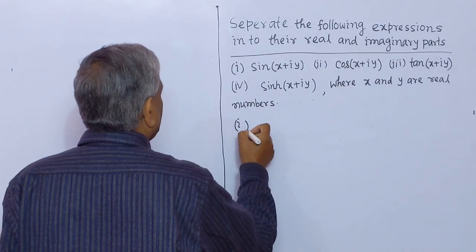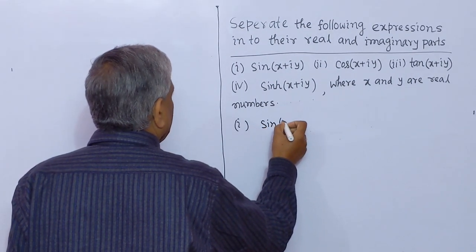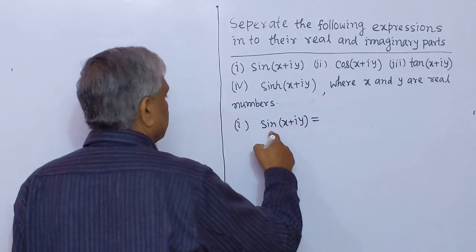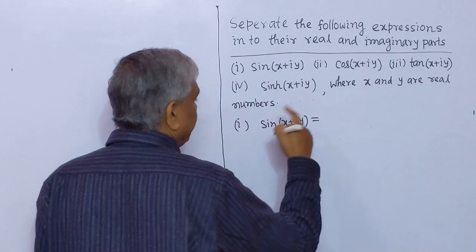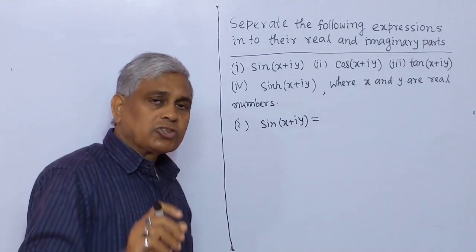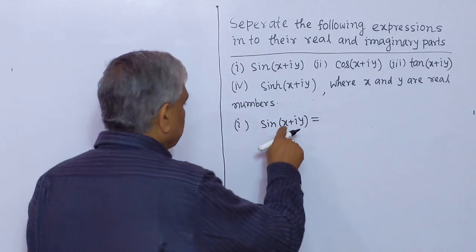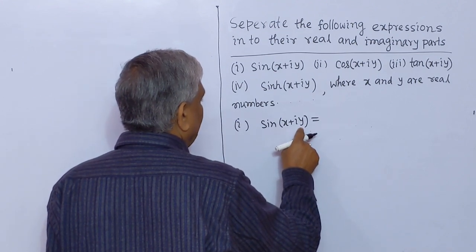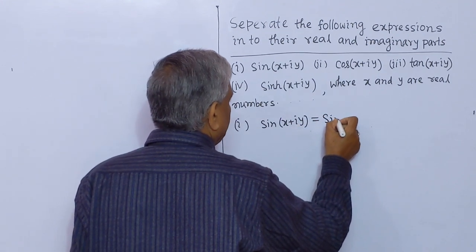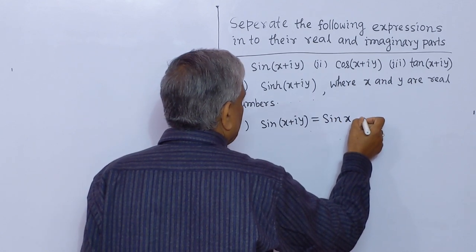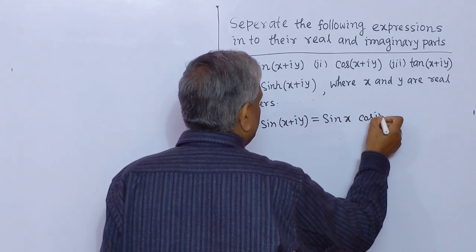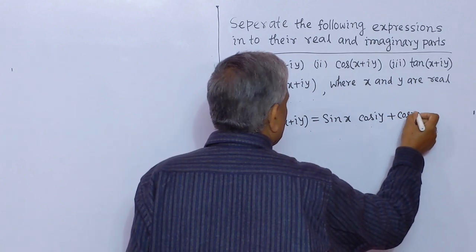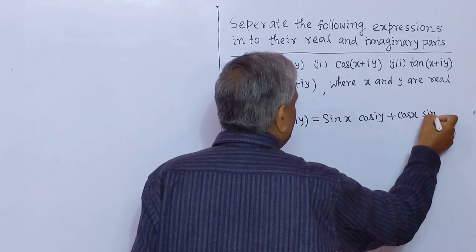Number 1, sin(x + iy) equal to sin(a + b), means sin a cos b + cos a sin b. So here in place of a we have x, in place of b we have iy. Sin x cos iy plus cos x sin iy.